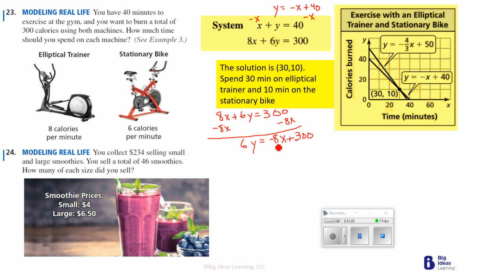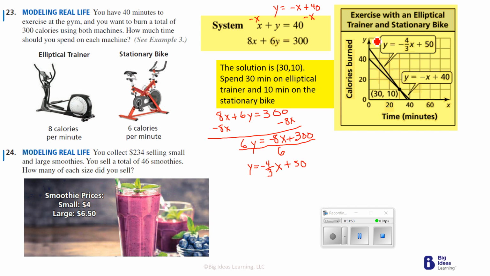All right. And now we've got to divide by 6. This will give me y is equal to negative 4 over 3 x plus, well, I know 300 divided by 6 is 50, so this must be 50.